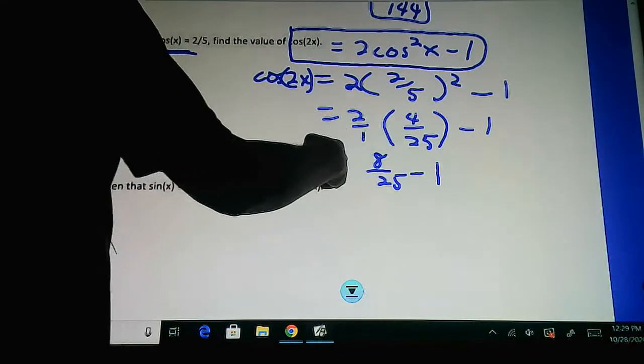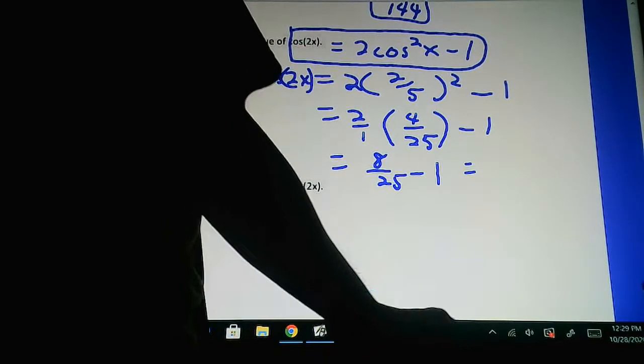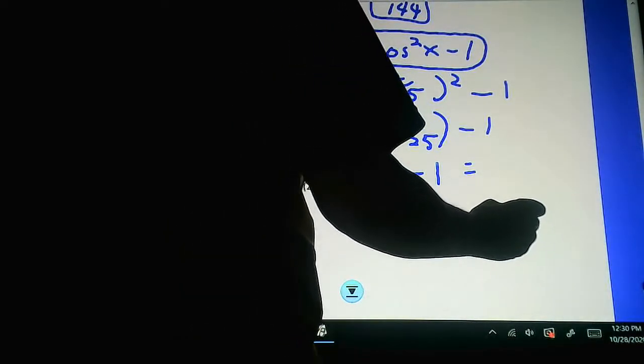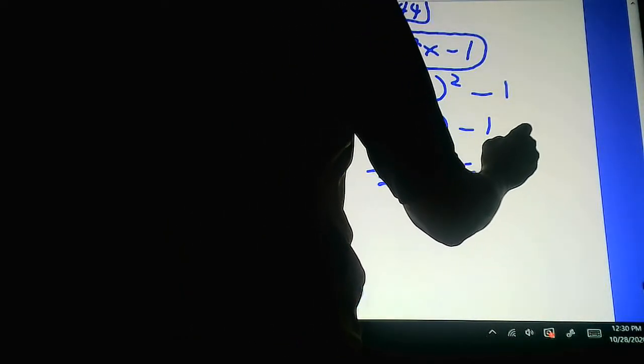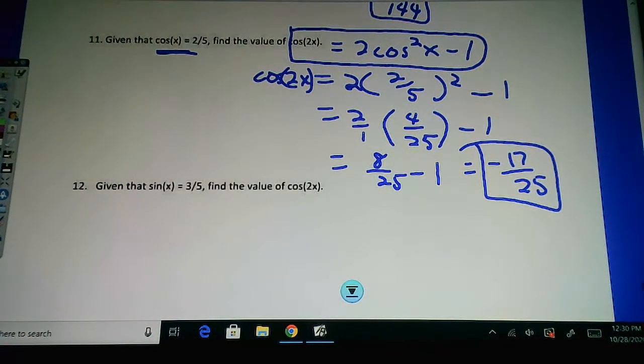So this is going to be 8 over 25 minus 1, which would be negative 17 over 25. On the double angle one, it's very common that you'll get a negative answer here. All right, so again, that's a lot easier than number 10.